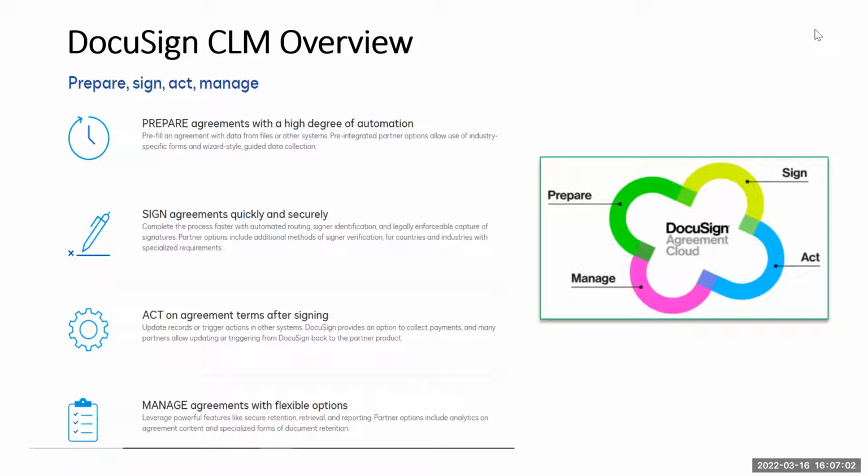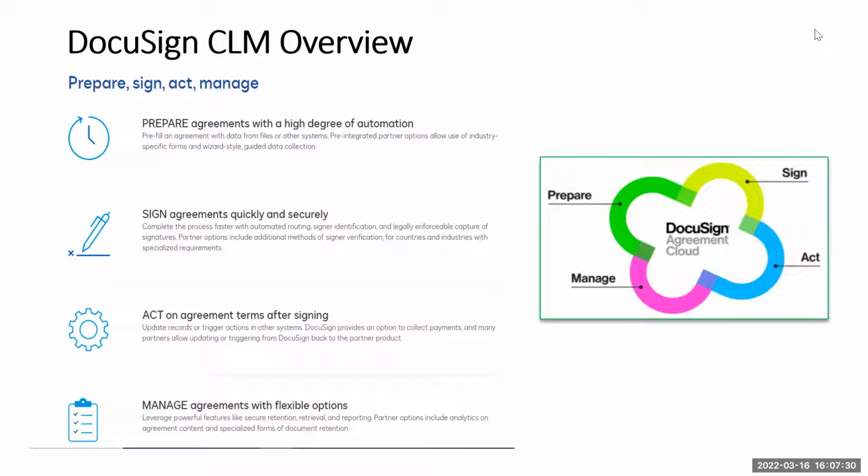Act: once the contract is drafted, signed, and executed, the next step is to act on the agreement, the terms which were signed by both parties, such as obligations, commitments, or sending data to downstream integrations for further actions such as billing, payments, and so forth. That can also be done through DocuSign.